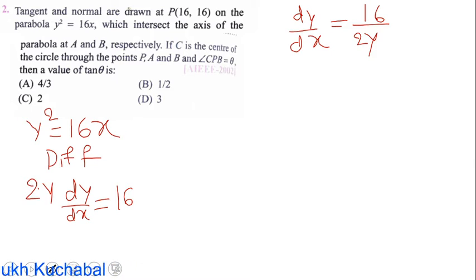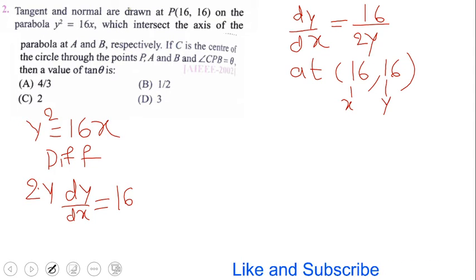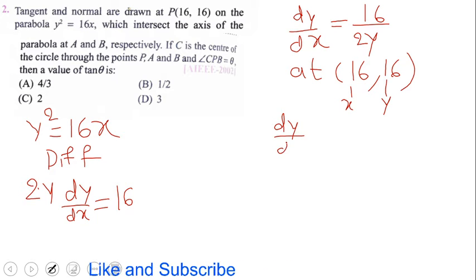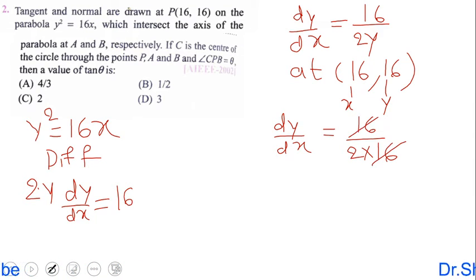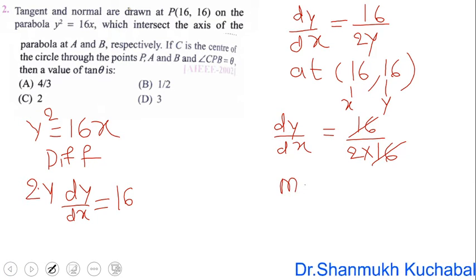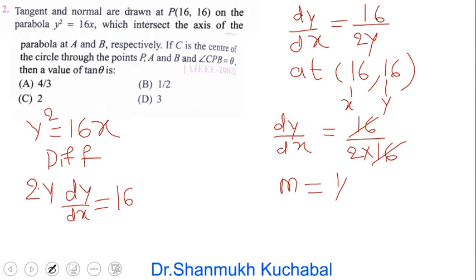Further, we take the point (16, 16). So the x coordinate is 16, the y coordinate is 16. So dy/dx equals 16 divided by 2 into 16. The 16s cancel, so dy/dx is 1/2. dy/dx represents a slope, remember. So the slope is 1/2.